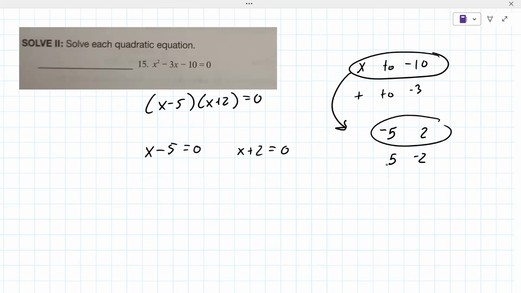Okay, so I have x equals 5, and then x equals -2. I don't know if that's accurate, but okay.